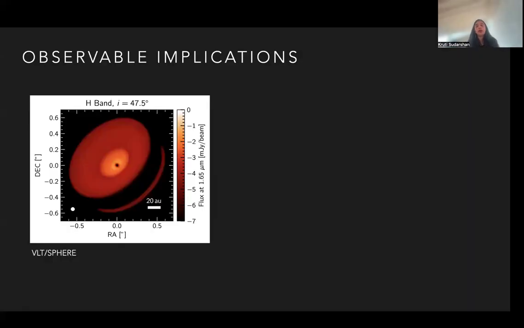Of course, when you have these rings and gaps, one of the things you think about is whether these have observable implications. So here I'm showing you H-band images of my simulations, my fiducial model with RADMC 3D. This is VLT SPHERE-like, so 1.65 microns, and we see that there are two ring-gap pairs corresponding to the two shadows we find in the hydrodynamic case. It's also been convolved with a Gaussian beam.